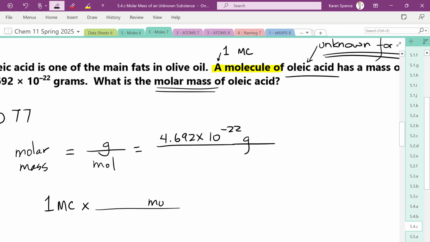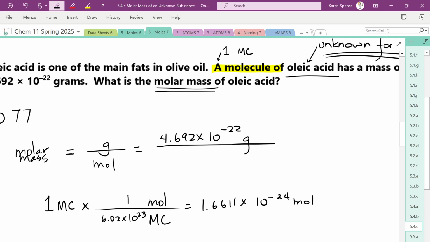I want moles, and I need to cancel the molecules. 1 mole is 6.02 times 10 to the 23 molecules. And that gives me 1.6611 times 10 to the negative 24 moles.